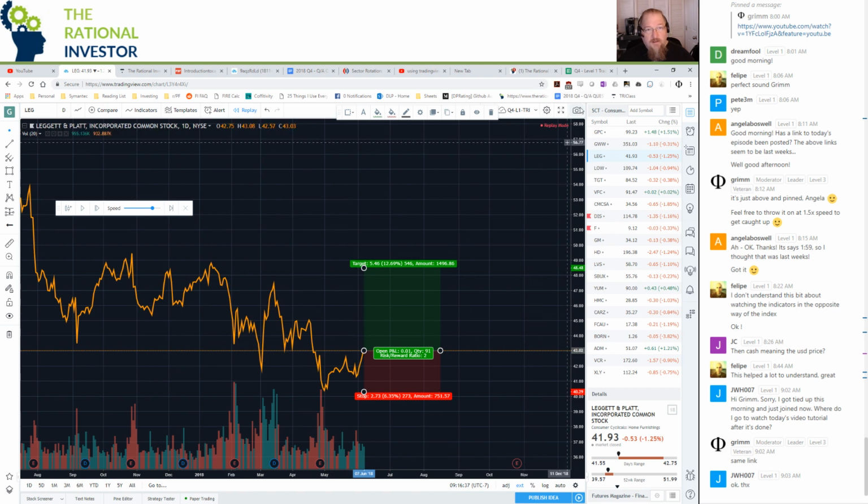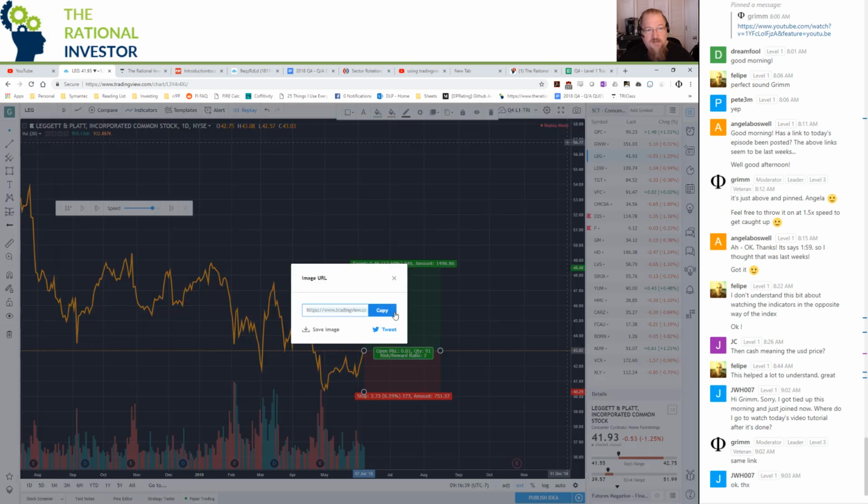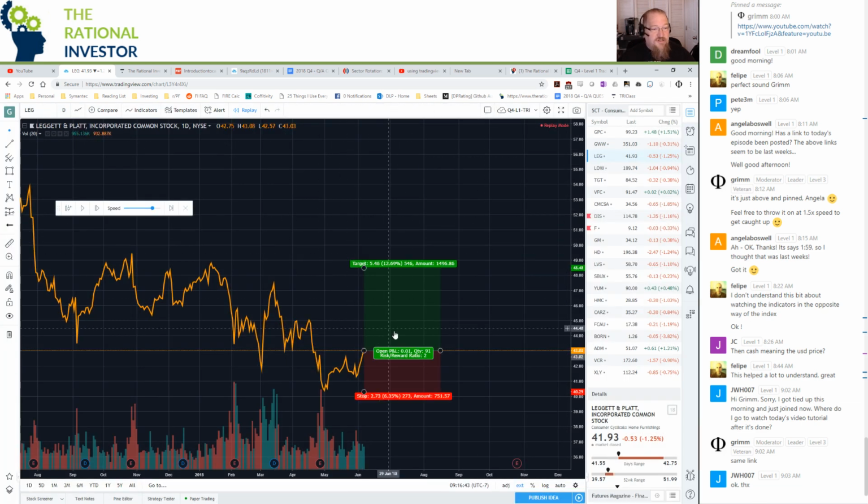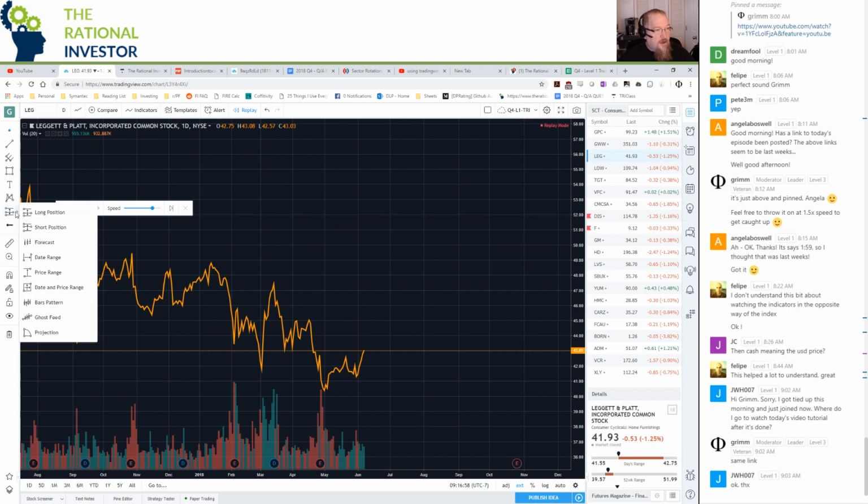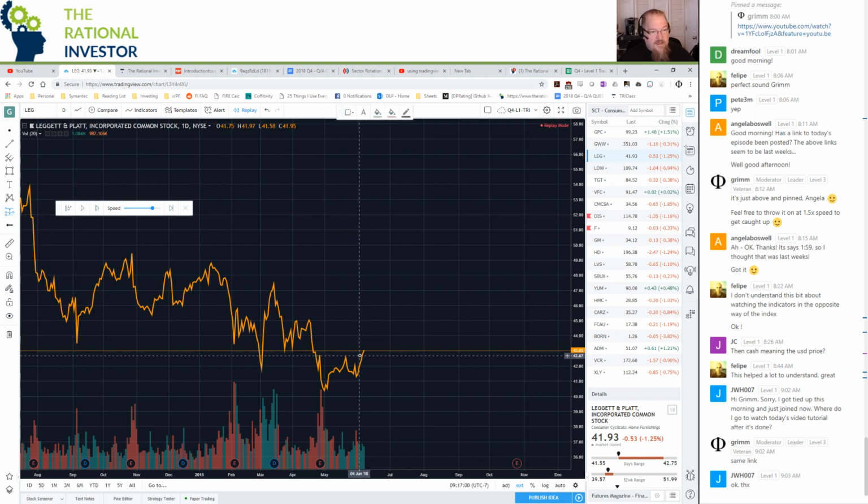Again, you come up to your chart and take a screenshot with that. I do want you to use this tool. I want you to get accustomed to doing that. To reiterate how we did that, we came up here. There's a long and a short version. The long has the green on top.